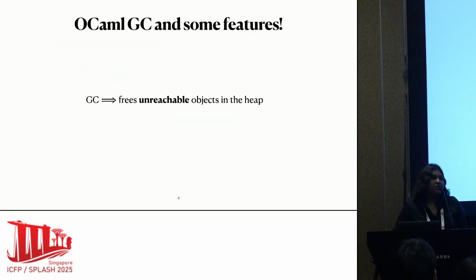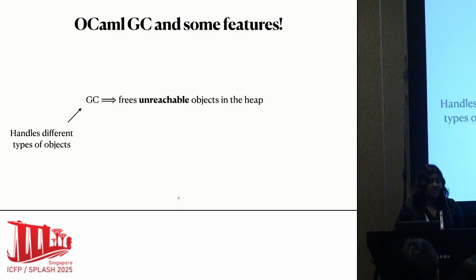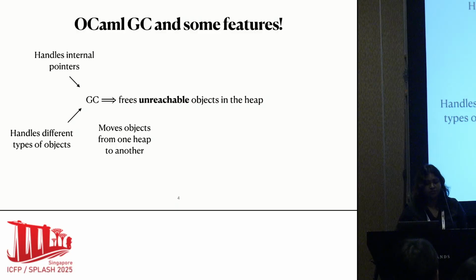Okay, so let me introduce some of the features of the garbage collector that contribute to its complexity. A GC, in simple terms, has the job of freeing unreachable objects in the heap. For that, it has to handle different objects. It has to do internal pointer manipulations. It has to move objects from one heap to another.